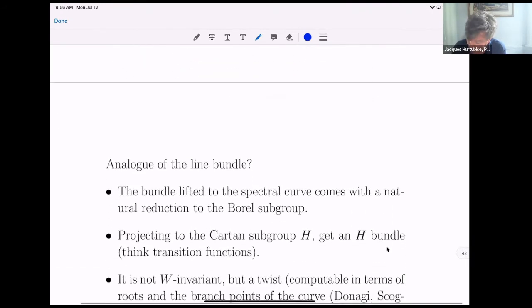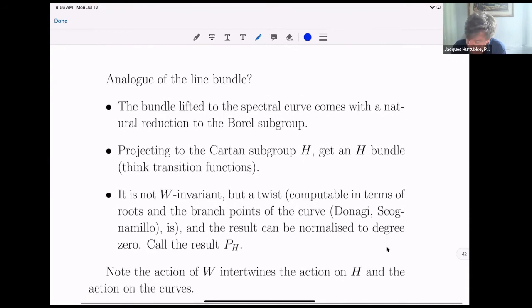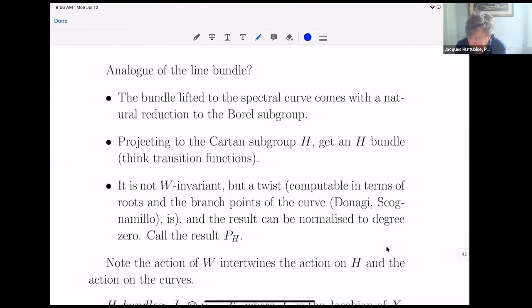Okay. So the analog of the line bundle. Well, the bundle lifted to the spectral curve comes with a natural reduction to the Borel, the stabilizer, basically, of that form. And so you can take this Borel and you can project to the Cartan subgroup. So just think of transition functions.